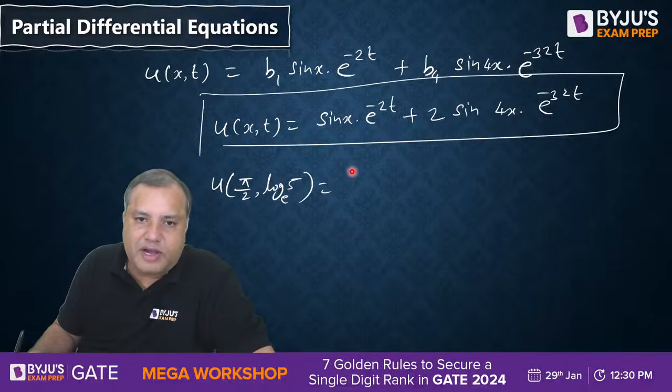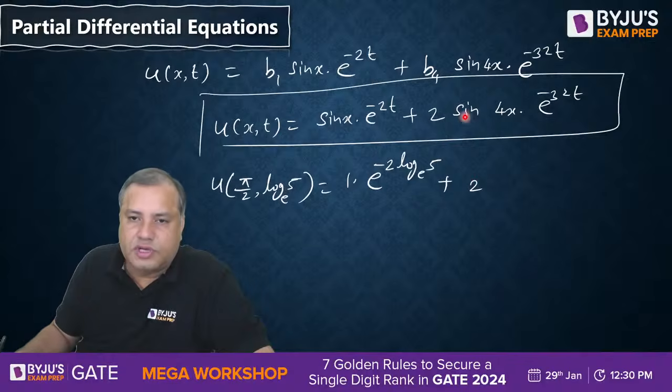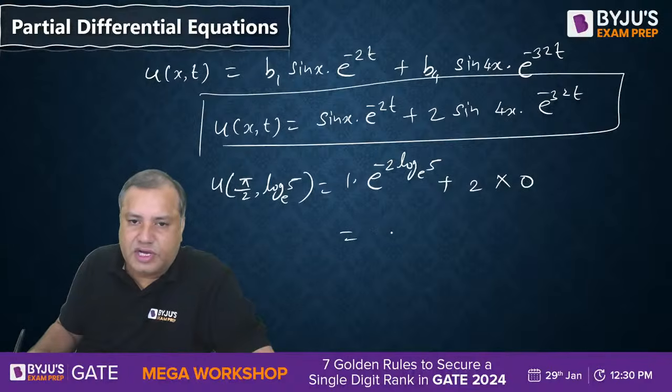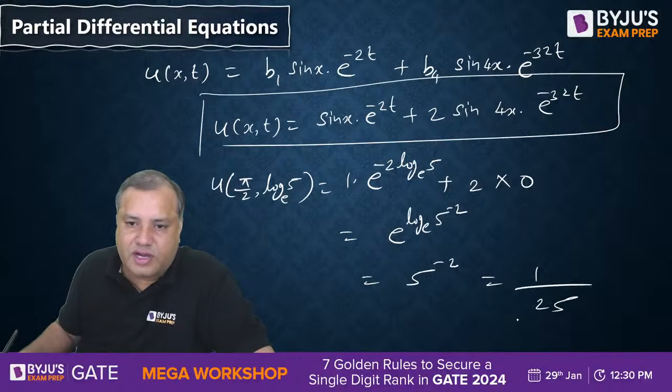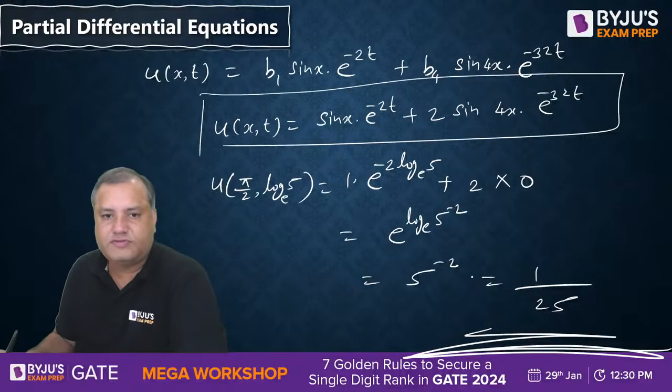So sin pi by 2 is 1, e to the power minus 2 log 5. 2 sin 4 pi by 2 is sin 2 pi, that is 0. So this entire term will vanish. So e to the power log 5 to the power minus 2. So 5 to the power minus 2 means 1 by 25. So u of pi by 2 comma log 5 is 1 by 25.